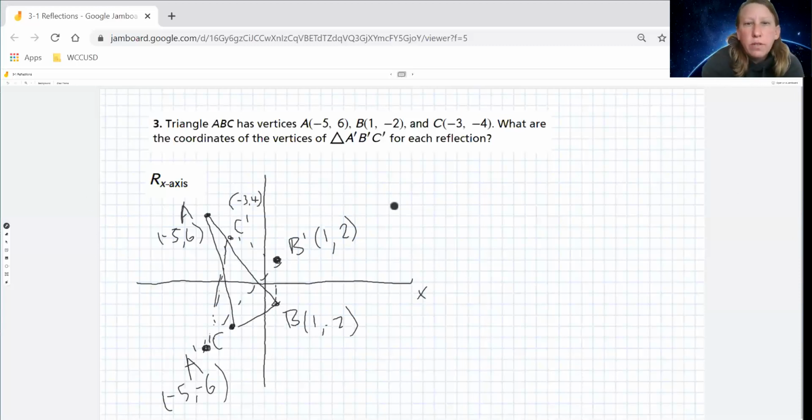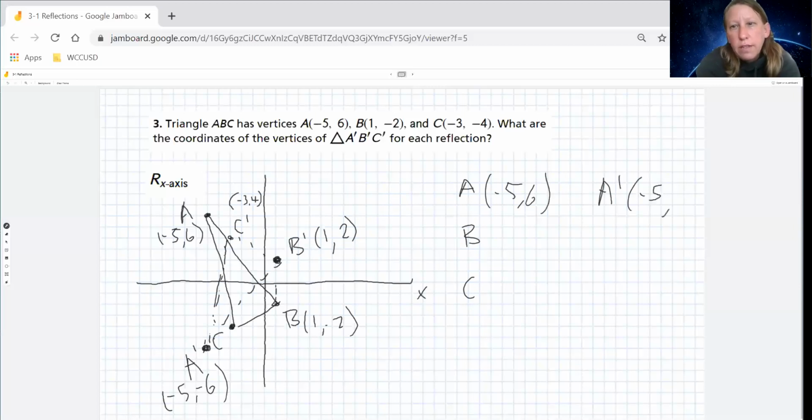So another way to do that is say that A, B, and C. A was -5, 6, and A prime is -5, -6. See if you can see the pattern. B was 1, negative 2. B prime is 1, 2.